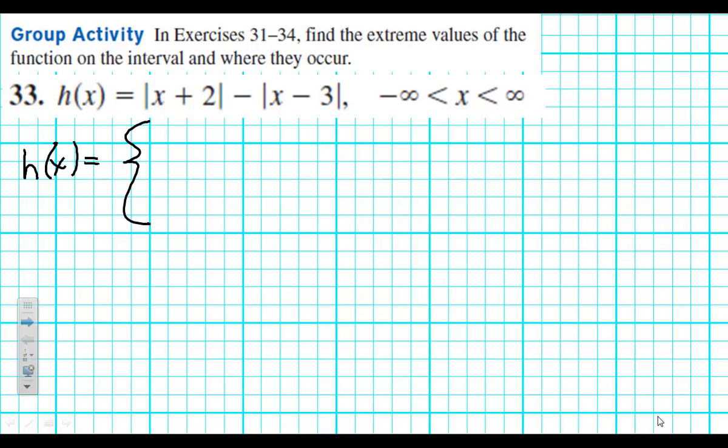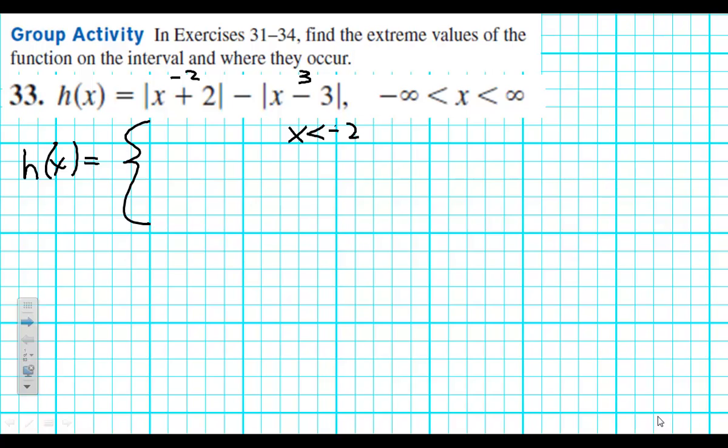Now, it looks to me like we got something special going on at 3 and something special going on at -2. Agreed? All right. So I'm going to say when x is less than -2, we have an expression in which this value is going to be a negative value.